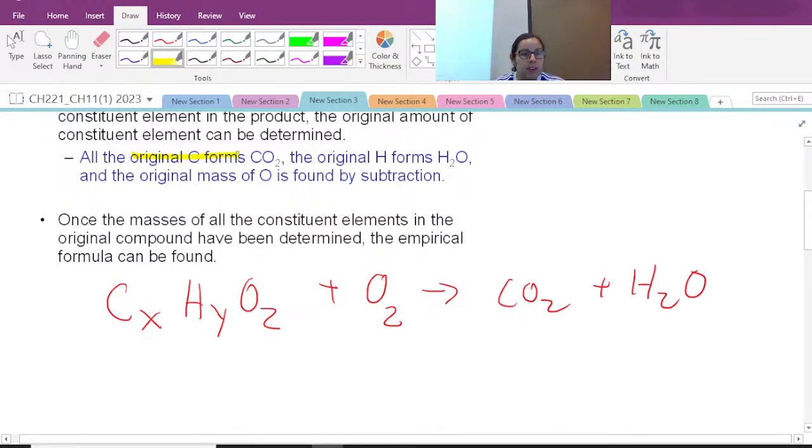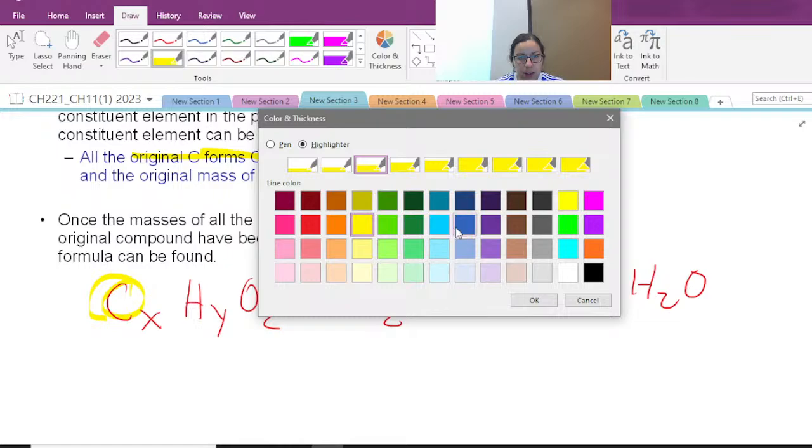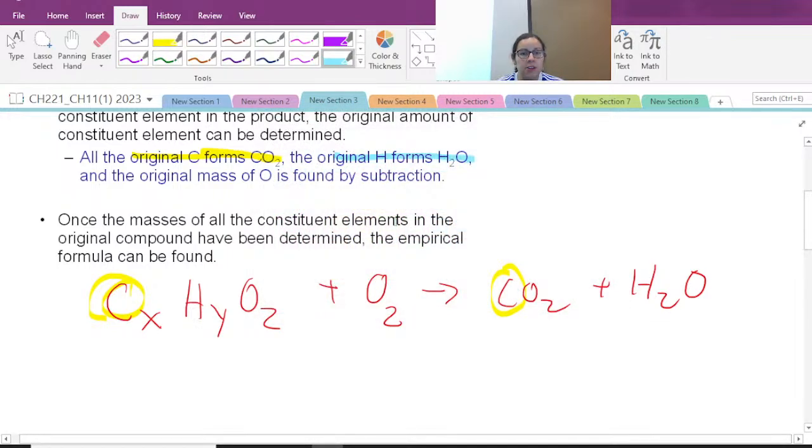And so this is kind of the key point. So all our original carbon forms our CO2, right? So that makes sense. That's the only place carbon goes. And then looking, the other hint is then, well, our hydrogen forms water, okay? And then we'll have to figure out oxygen at the end.